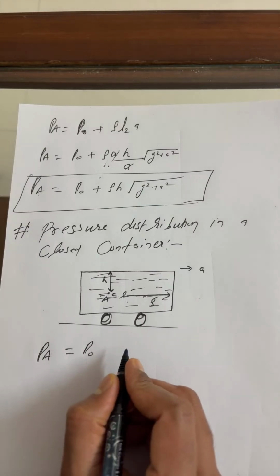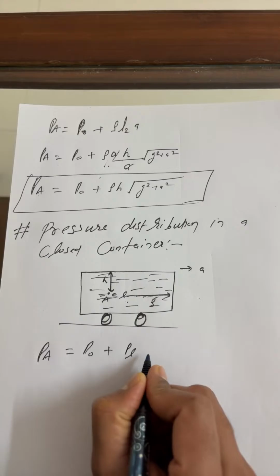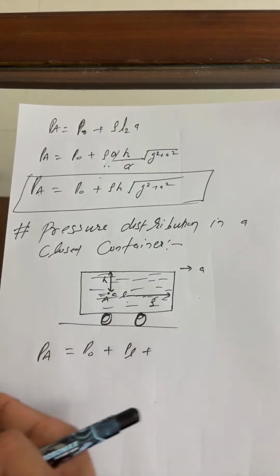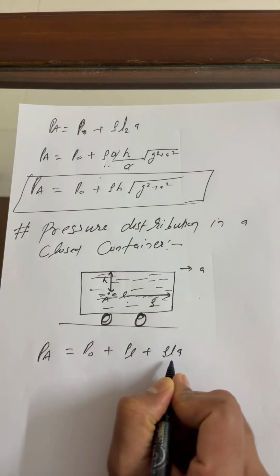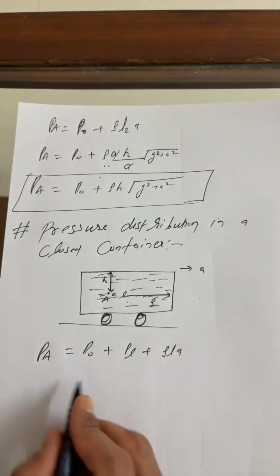Then what you can say? Plus pressure due to liquid. Plus, this is due to pseudo force you can take. Now student, you can take into consideration here pseudo force. This is rho L a, right? So what is pressure due to liquid at point A? This is rho g h.